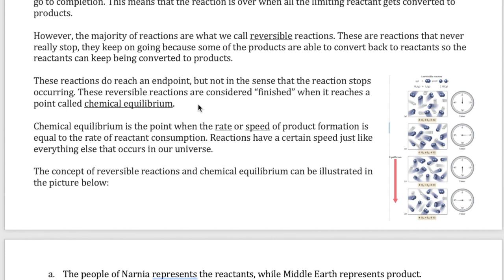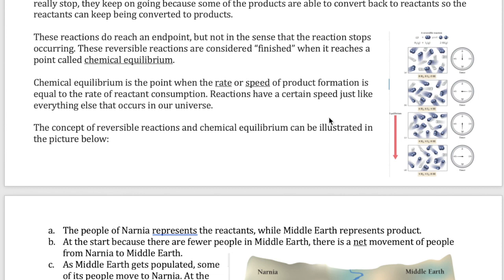We can let a reaction go for some amount of time, and at some point some of those reactants will convert and make products, but after a certain concentration of products is reached, then you don't see any more products. And the reason for that is because the products are going back and making reactants.